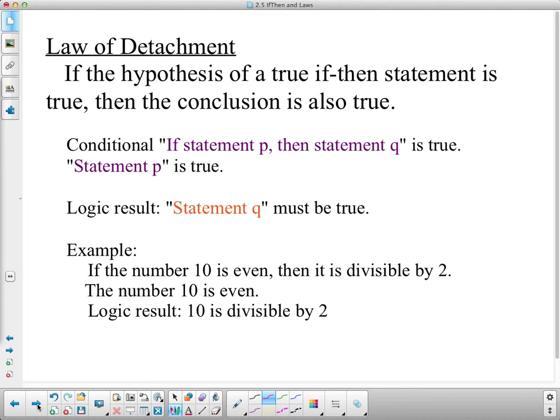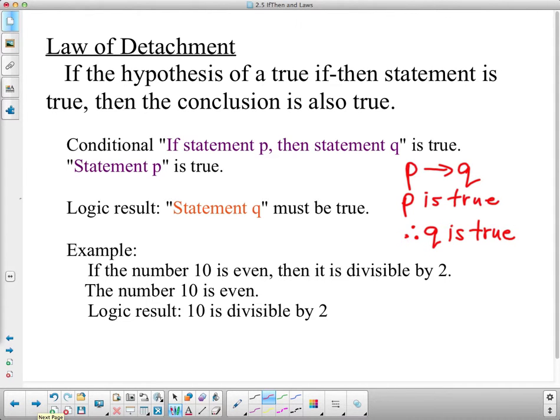If we know that statement P is true, the logical result is that the statement Q must be true. And in symbols, that would mean if P, then Q being true. P is true. Therefore, we can come up with Q is true.